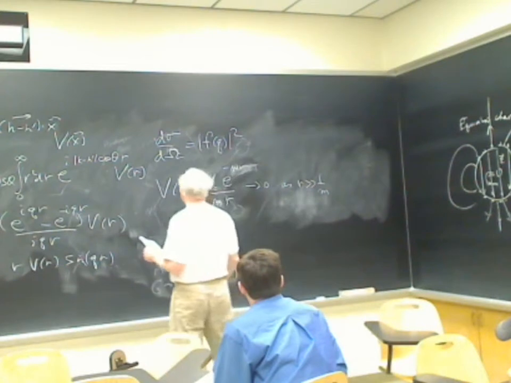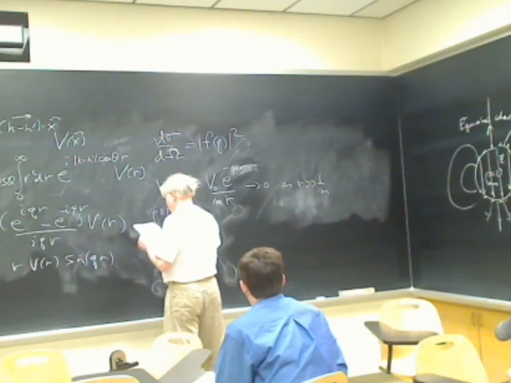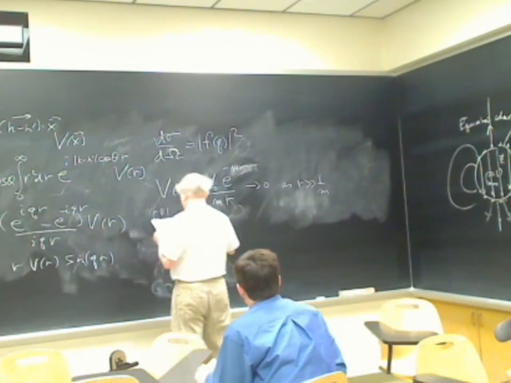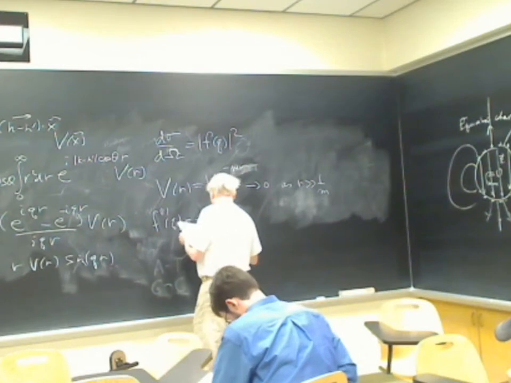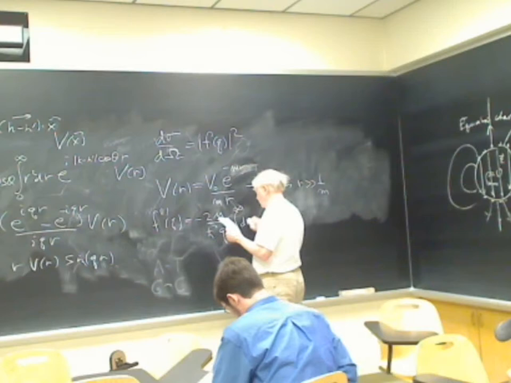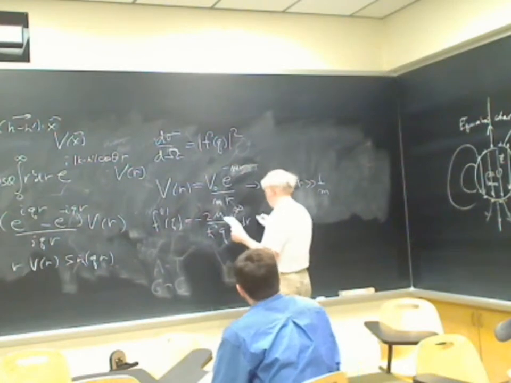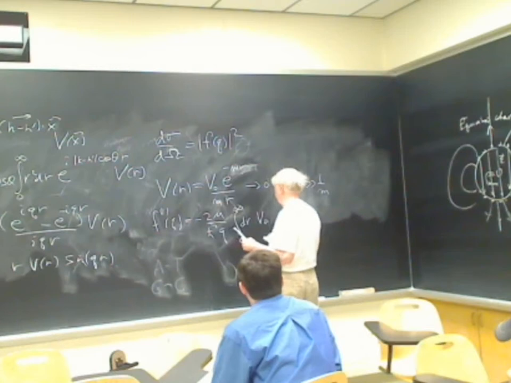So this integral, this first Born approximation of Q, is then minus 2 mu over h bar squared Q, integral 0 to infinity dr. There's a V0 and m.